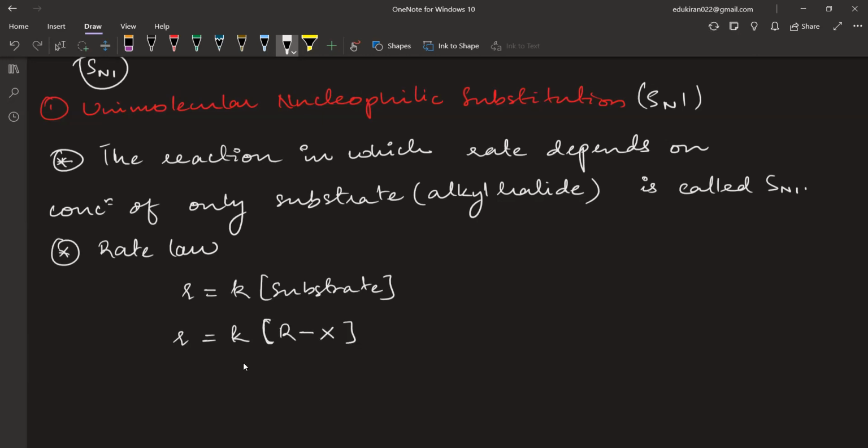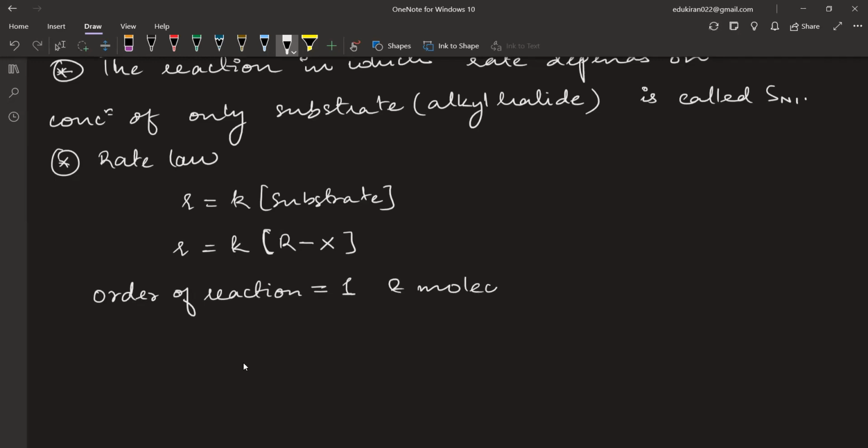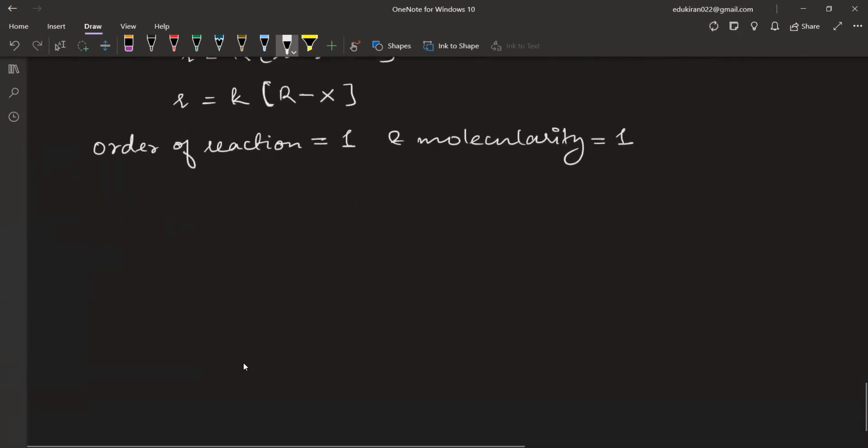Then you will write the order of reaction, which will be equal to 1. This is very important: the order is 1, and molecularity is also equal to 1. Both are equal to 1.